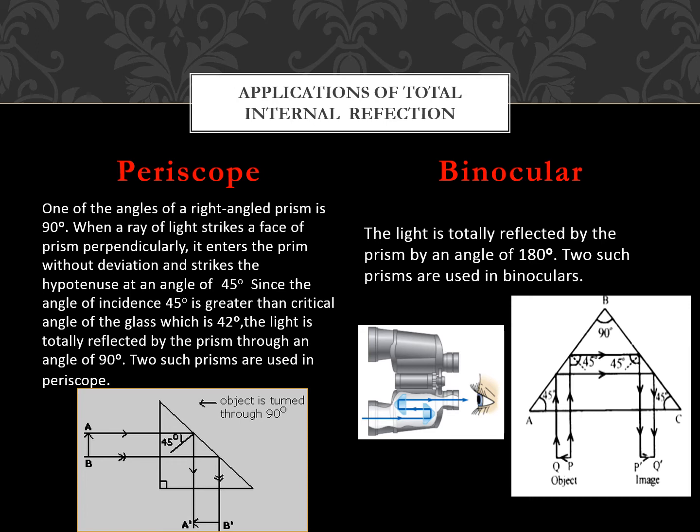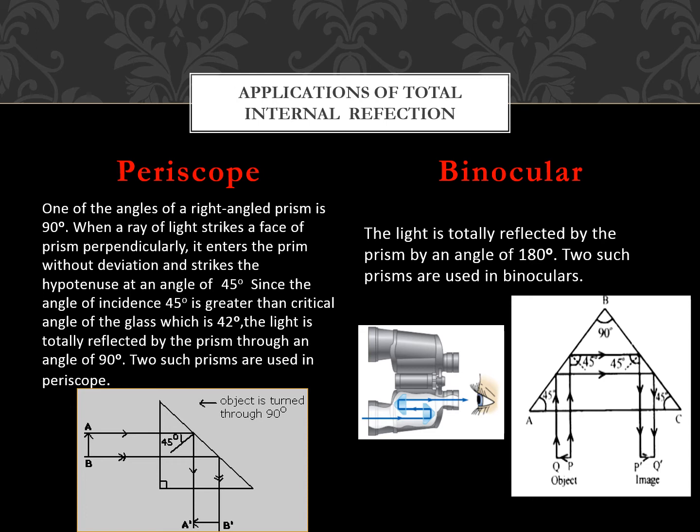As I have already told you, you have the object QP, and two light rays are going to emerge, one from the head and one from the tail. When it strikes the edges of the prism, it will reflect back. Total internal reflection process is there.